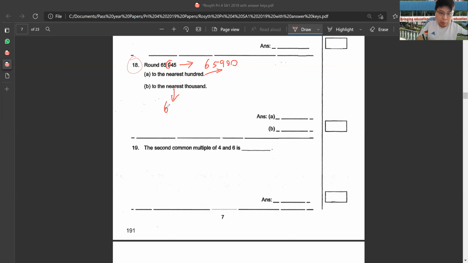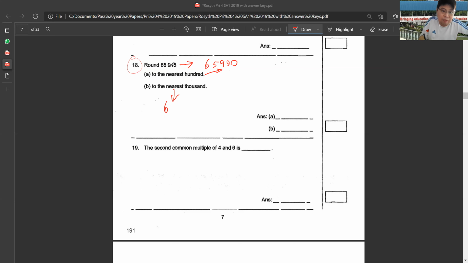What do I mean by look at number 9? You look at this number, is it more than 5? Is 9 more than 5? 9 is more than 5, right?